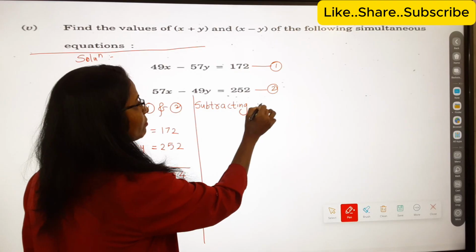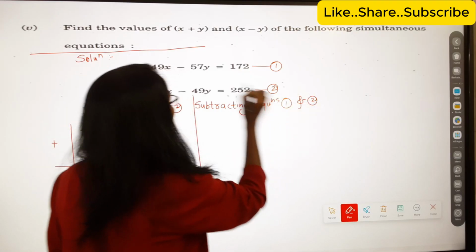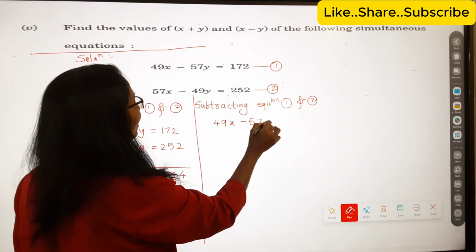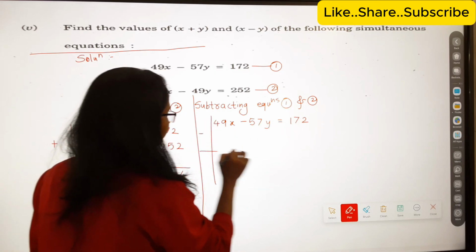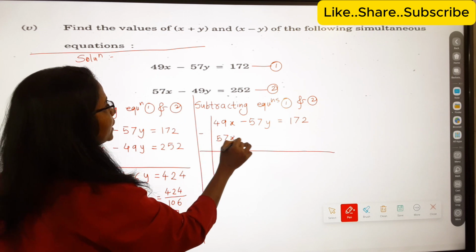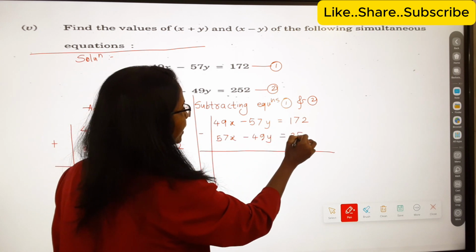Subtracting equations 1 and 2: 49x minus 57y is equal to 172, minus 57x minus 49y is equal to 252.